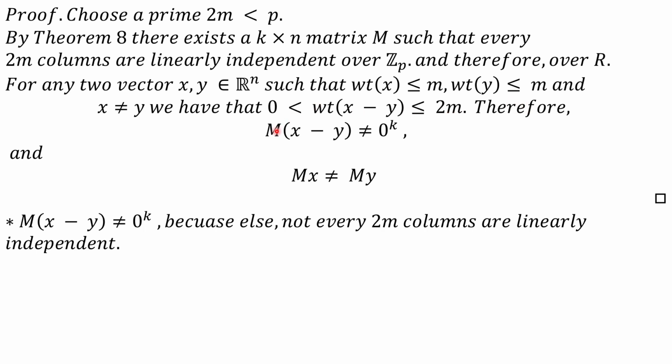Therefore, M multiplied by x minus y is not equal to 0. Therefore, mx is not equal to my. M(x minus y) is not equal to 0 because otherwise not every 2m columns are linearly independent and we have a contradiction.